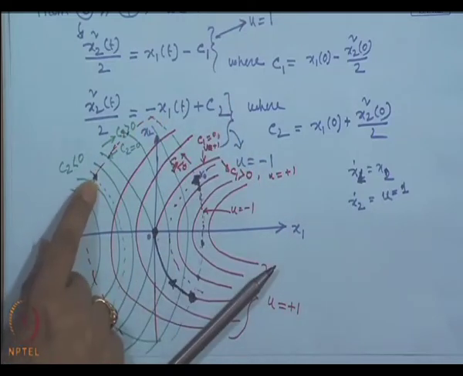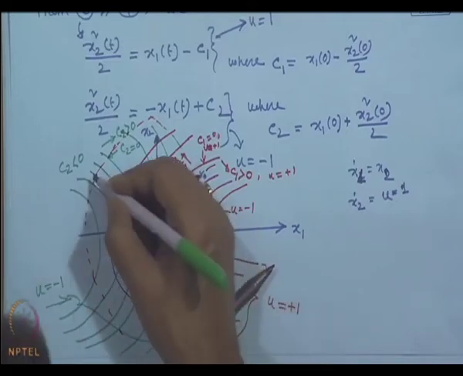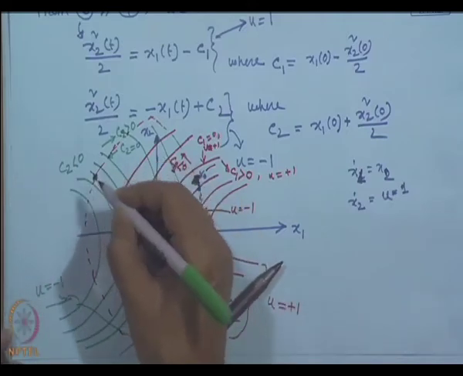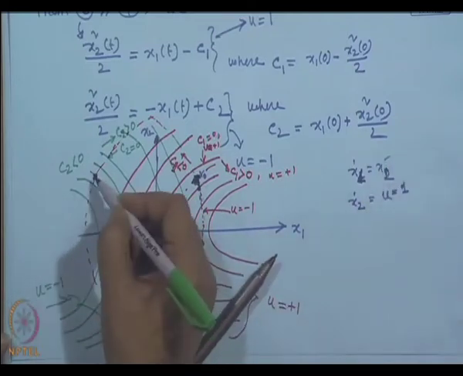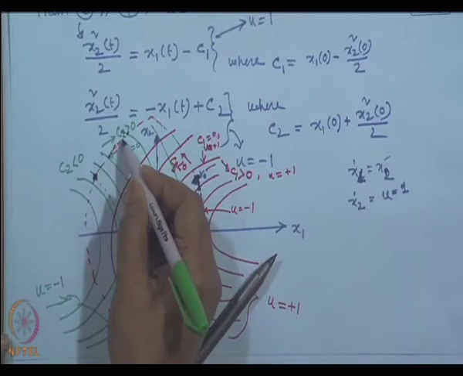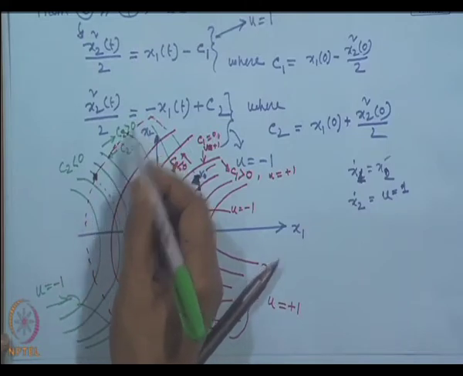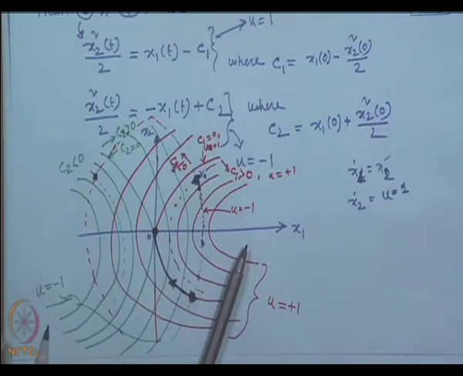Suppose it is coming here. Now, at this point x 2 is positive. Whether it will move along the red parabola or along the green parabola, that is our question now.